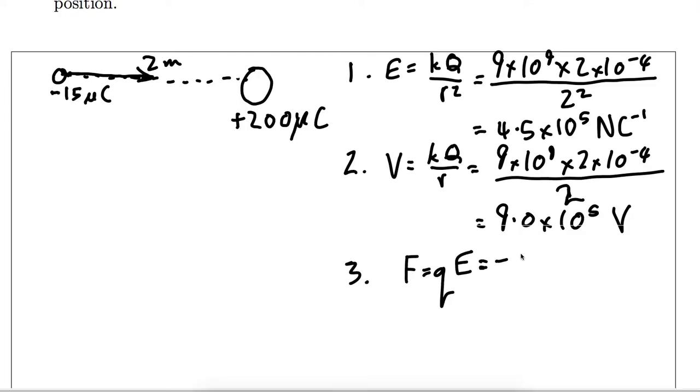So what did we say? Minus 15 microcoulomb is 1.5 by 10 to the minus 5 coulomb times 4.5 by 10 to the 5 newton per coulomb equals 6.75 Newton. So the actual force on the particle is 6.75 Newton.